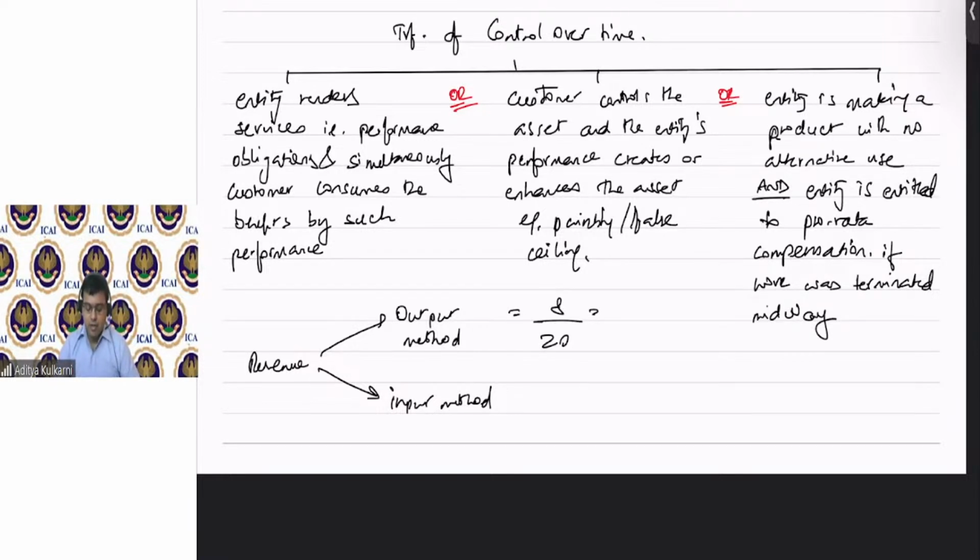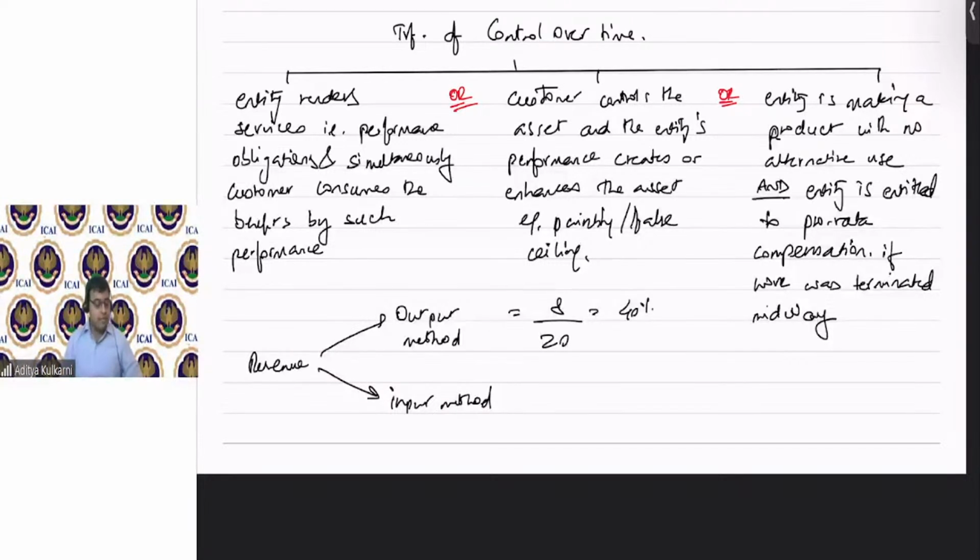So that gives you how much? 8 divided by 20. You have completed 40%. Are we clear with this? And finally, output method is done.